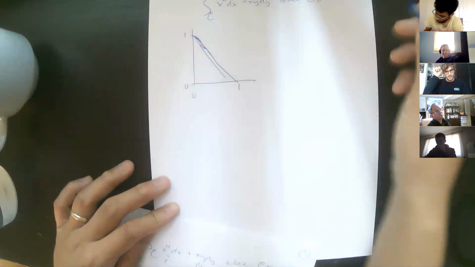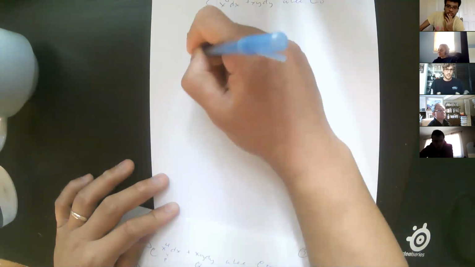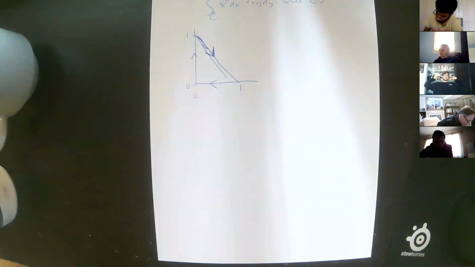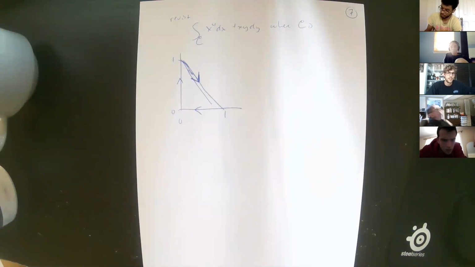So this is C again, but now instead of going this way, I'm going to go backwards. Okay. So is this simple? Yes. Is it closed? Yes. Is it positively oriented? No. How do we deal with Green's theorem?